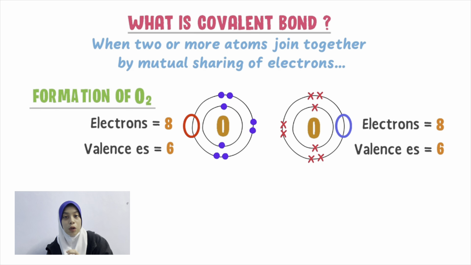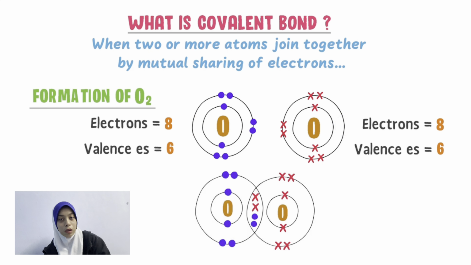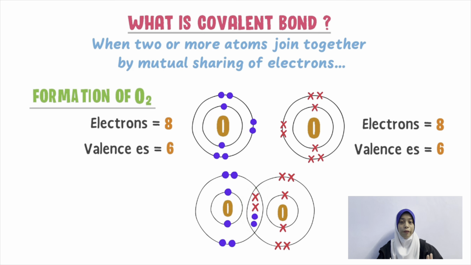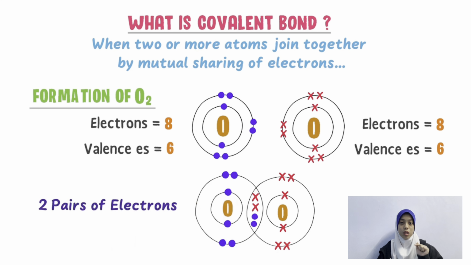It means that one pair of electrons comes from this oxygen atom and another pair of electrons comes from this oxygen atom. We say that two pairs of electrons are shared between these two oxygen atoms.